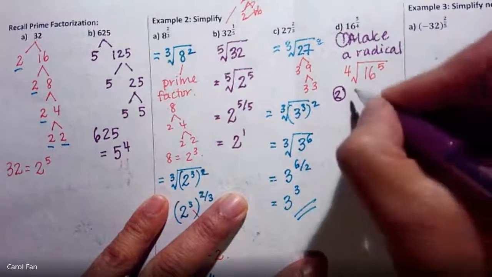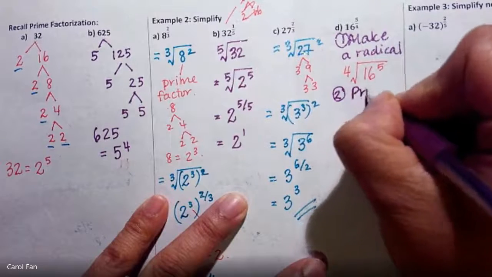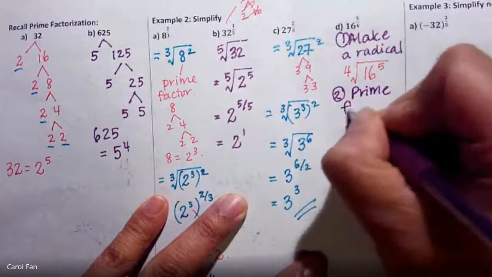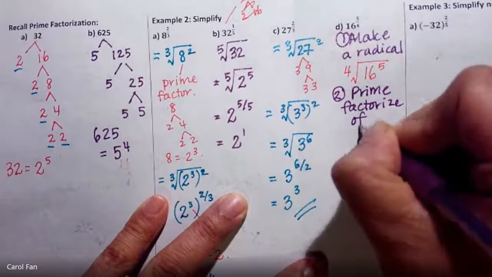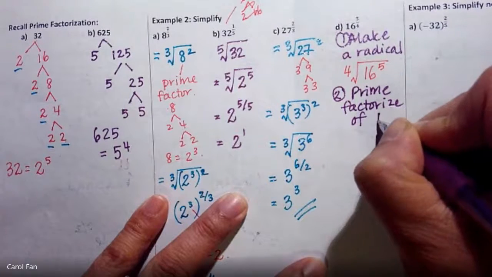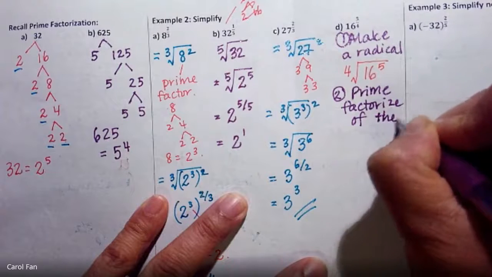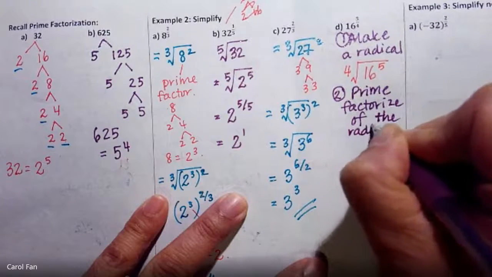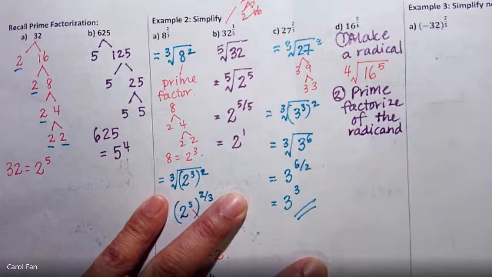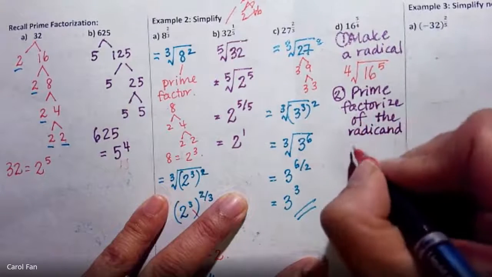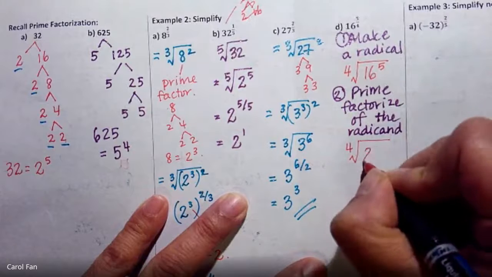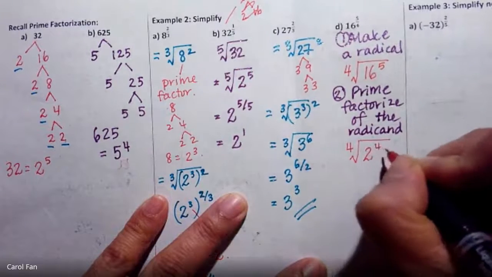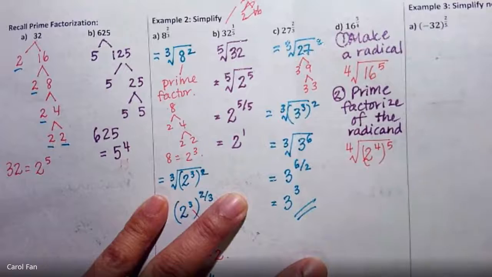Second step, prime factorization of our radicand. So in this case, we have the 4th root of 2 to the power of 4 to the 5.